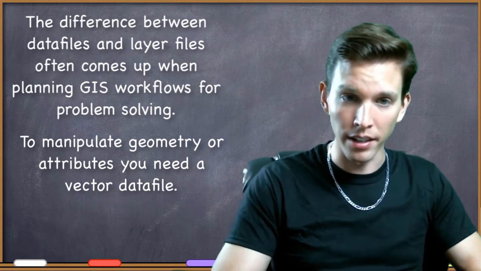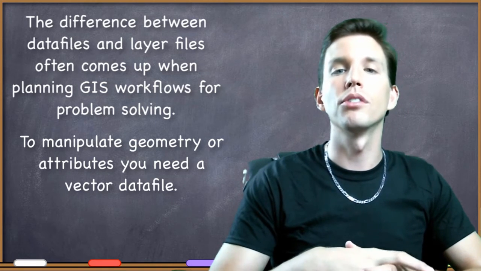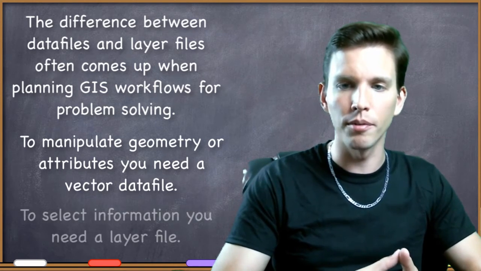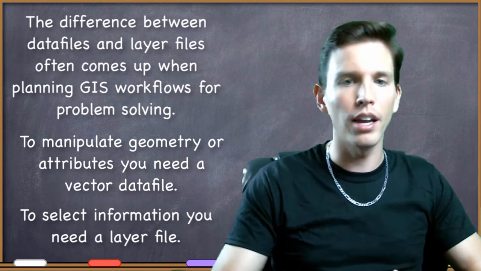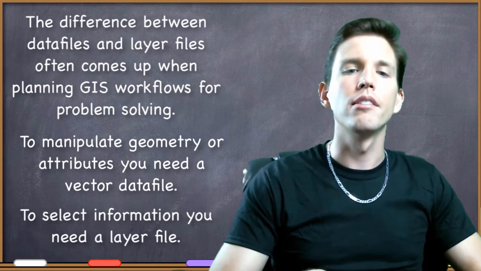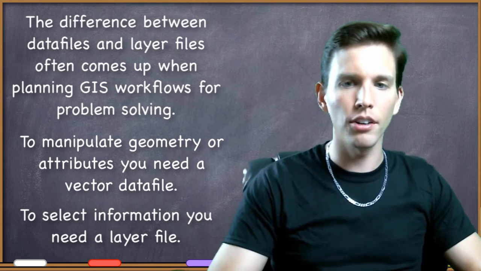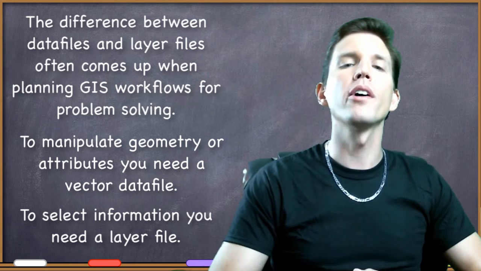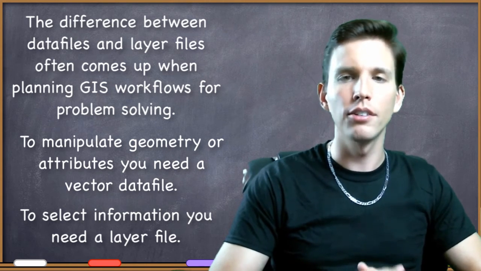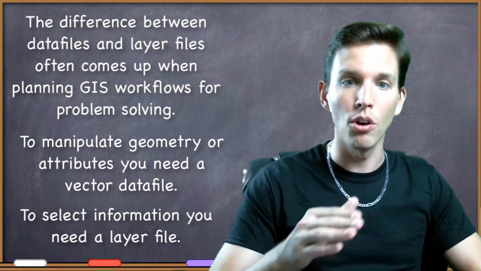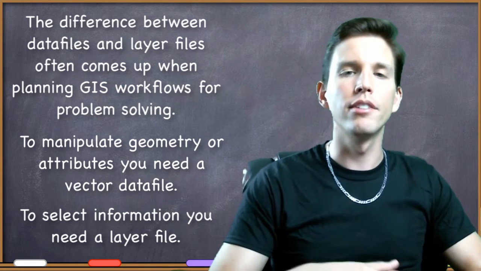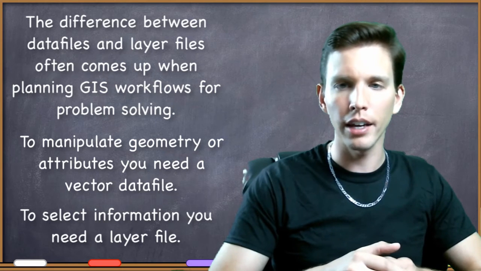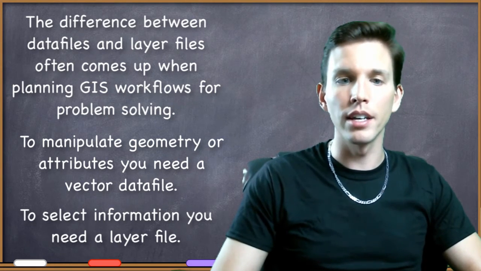On the other hand, if you want to perform some kind of systematic selection of the data, either by location or by attribute, then it's impossible to select a shapefile. You can't actually make a selection of a shapefile. You're going to have a layer file to send that selection tool or selection operation. Then it's just going to adjust the selection parameters of the layer file.